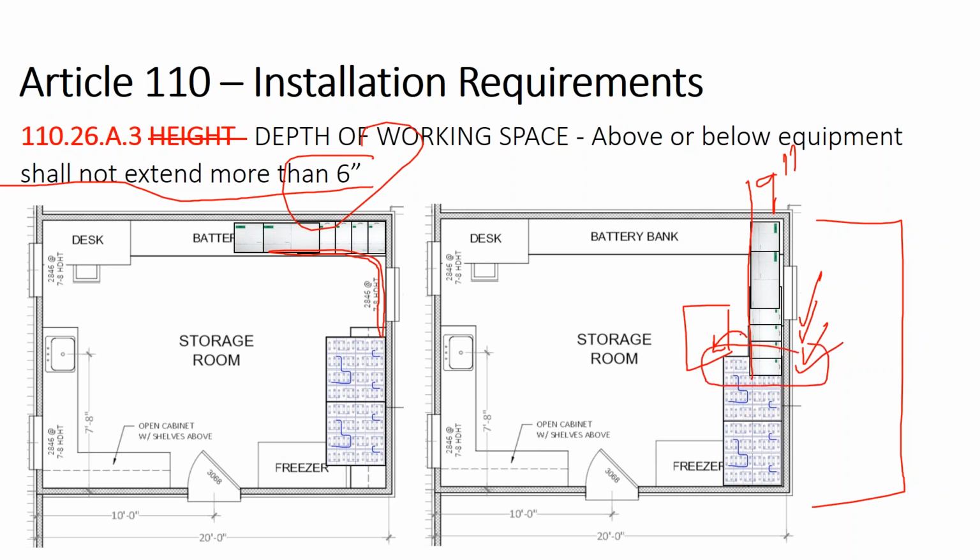That would apply to this section right here, where we have one electrical component sticking 9 inches off of the wall, and then a second electrical component sticking 38 inches off of the wall. So we weren't able to overlap them because that would have been a code violation as well.